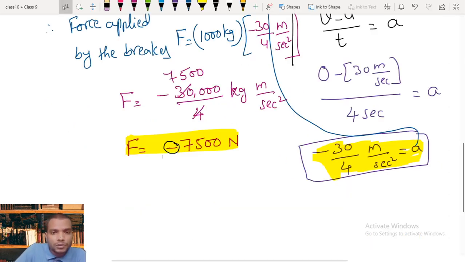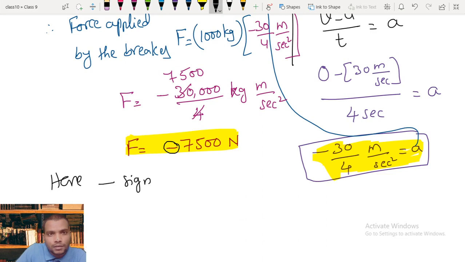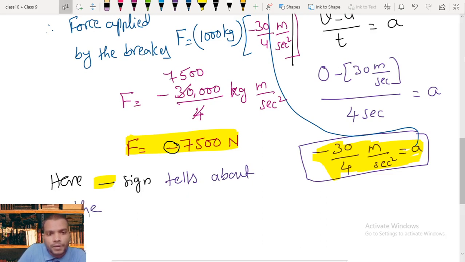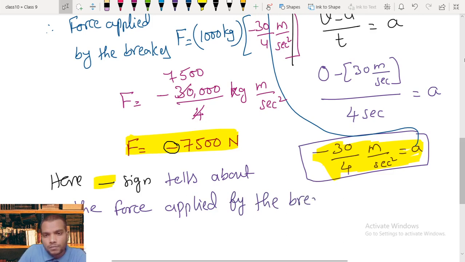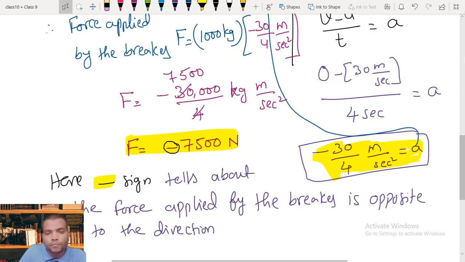The negative sign tells that the force applied by the brakes is opposite to the direction of motion of the car.